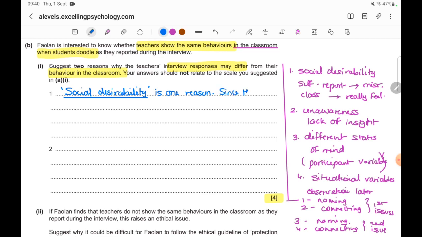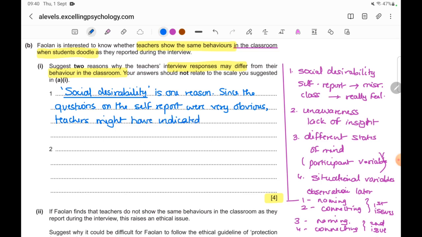Since the questions on the self-report were very obvious, teachers might have indicated that they do not get annoyed to show they are sporting.